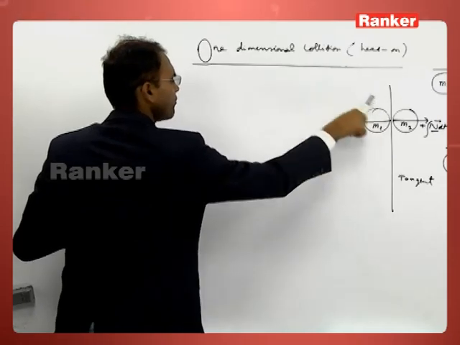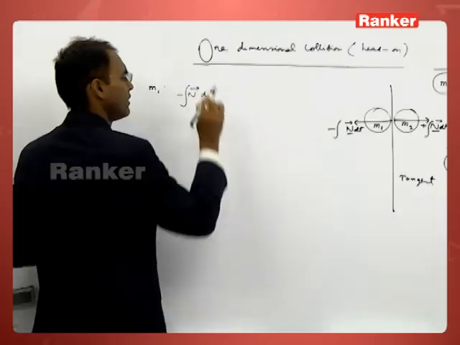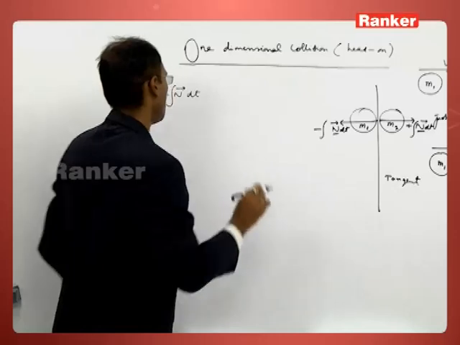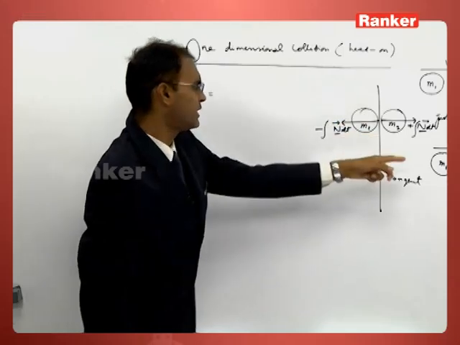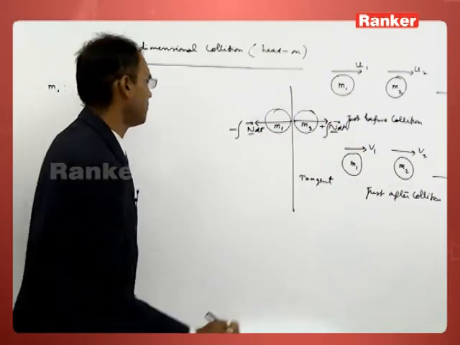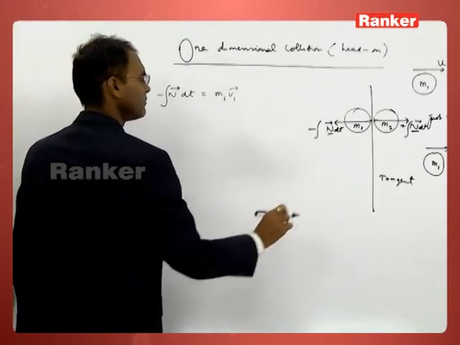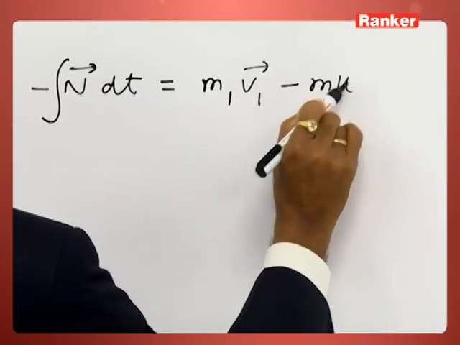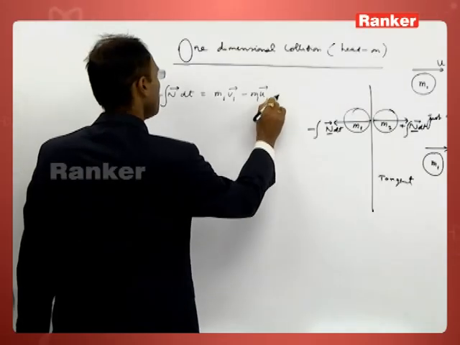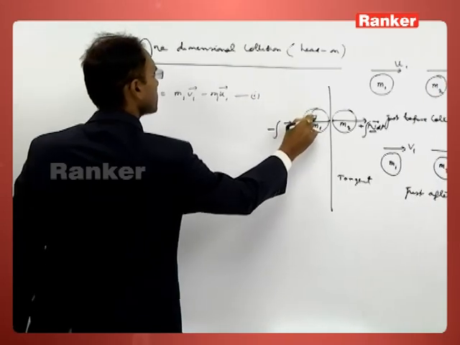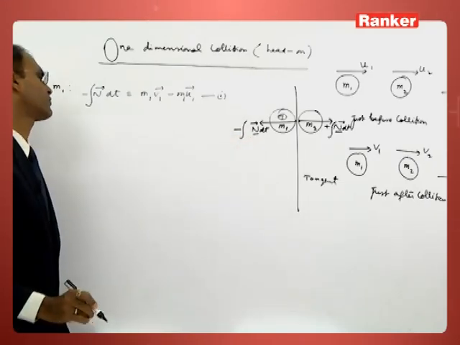It states that the impulse acting on the body is equal to the change in momentum of this body. Change in momentum is always final momentum minus initial momentum. This is the final momentum, and m1 u1 is the initial momentum. So this is the change in momentum of the first object due to the action of this impulsive force.